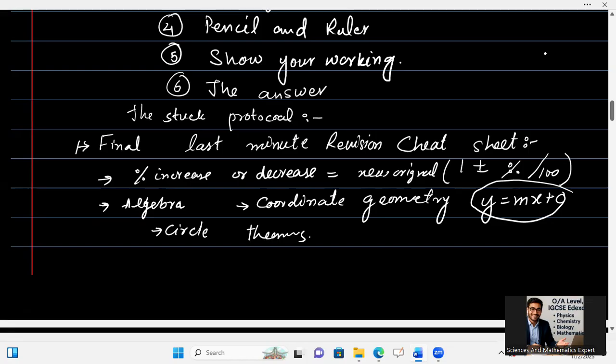Mensuration: area of triangle is 1/2 ab sin C, and volume is cross-sectional area multiplied by length.